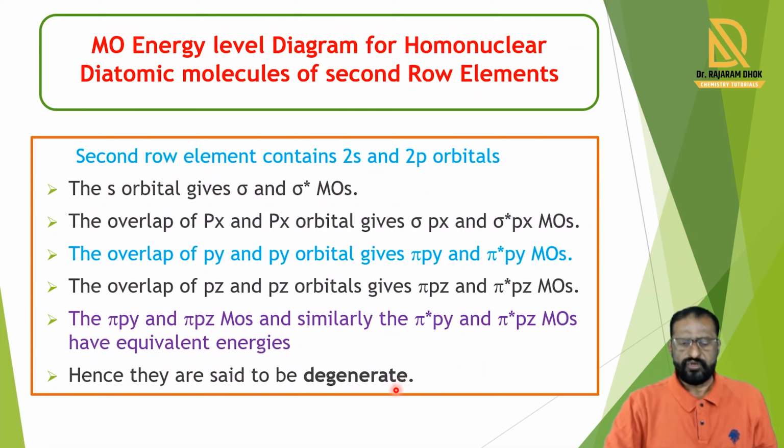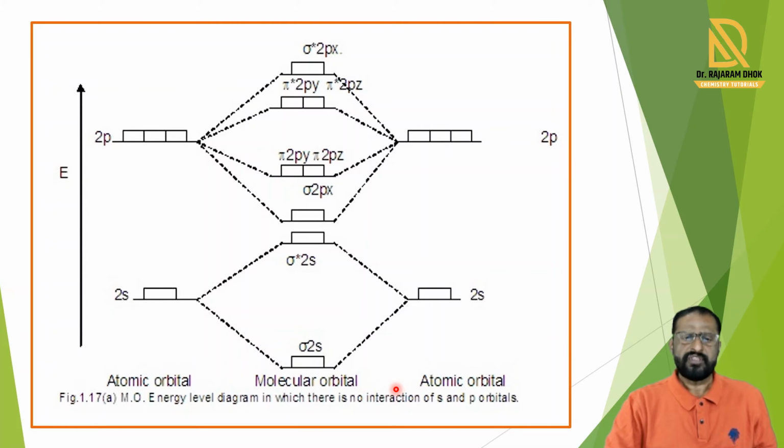You see in this figure the molecular orbital diagram for the second row element. Let us see how we can draw this diagram. For that purpose, systematically we first see the lower atomic orbitals.